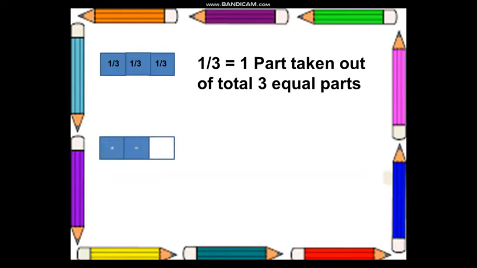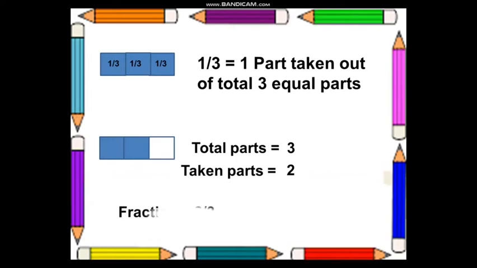Here, how many are the total parts? Total parts are 3. And how many parts are we taking? Any guesses? Yes, we are taking 2 parts. So what is going to be the fraction here? We are taking 2 parts out of 3, so it will become 2/3, which means 2 by 3.